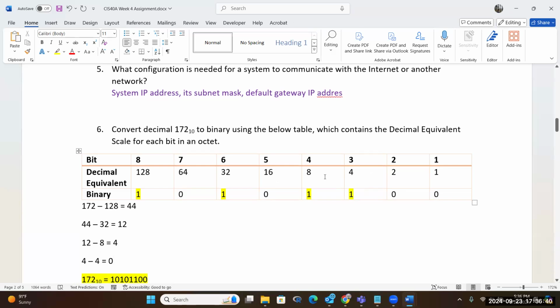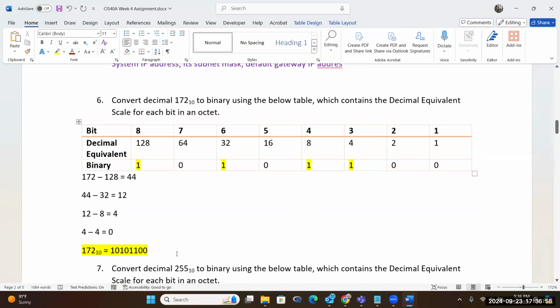When there's no remainder, the last 2 bits are off. If you use division, you keep dividing by 2, but when you write the number, it goes from the bottom up. So that means 172 in decimal is equivalent to 10101100.